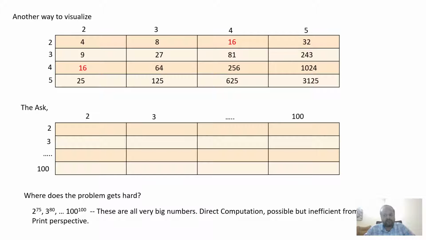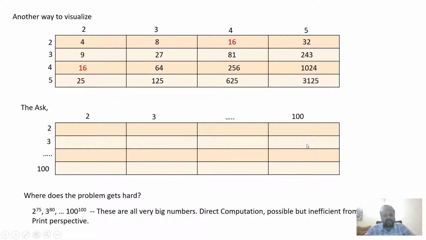If you take Java, you can use BigInteger, which indirectly uses an array to hold the values. There is no lower or upper bound as in the case of a primitive, but it is restricted by how much space you have in your RAM. So direct computation is possible, but it's a little inefficient from a memory footprint perspective.